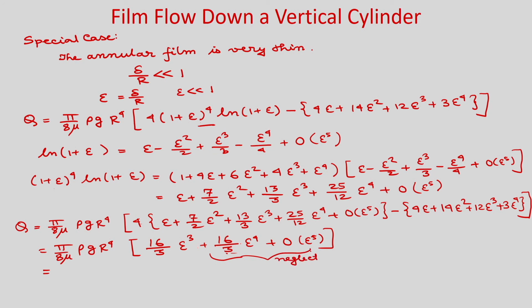So, the first term you keep, okay, and other terms you can neglect. Only the first term if you keep, then you will get pi by 8 mu rho g r^4 times 16 by 3 and epsilon is nothing but (delta by r)^3. So, now you can see it will be 2 pi by 3 rho g r delta q.